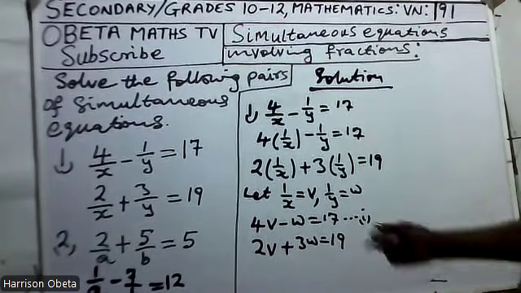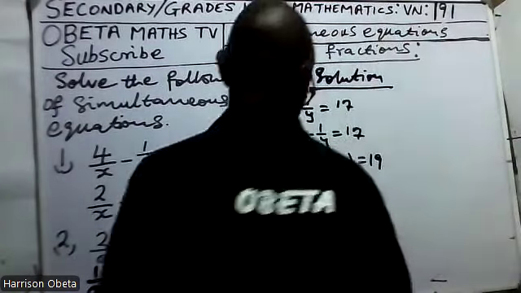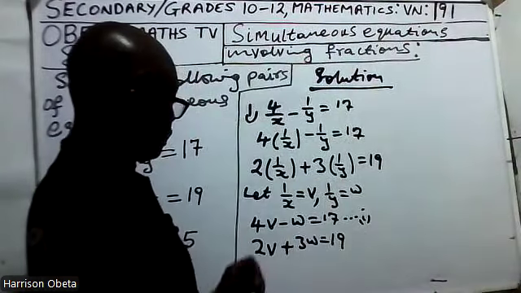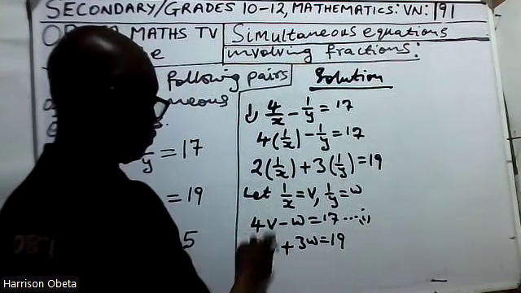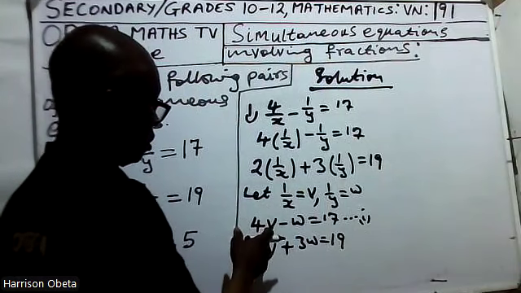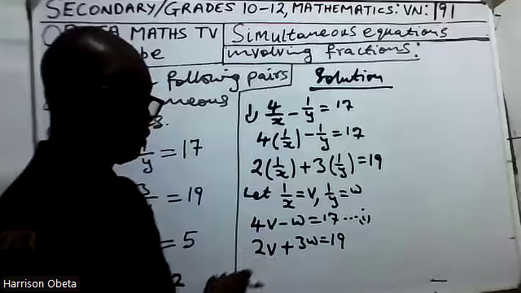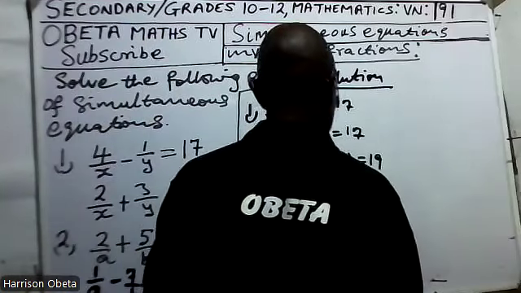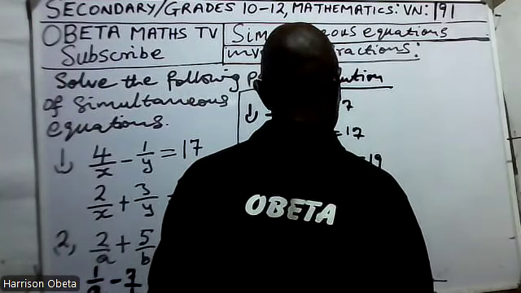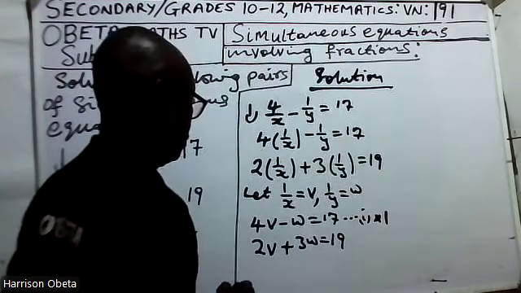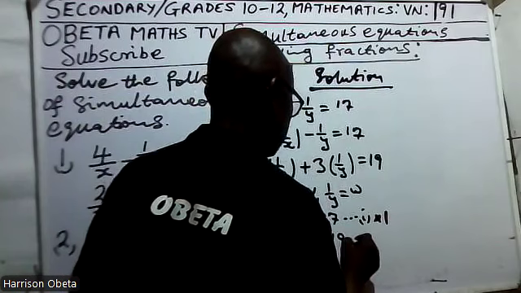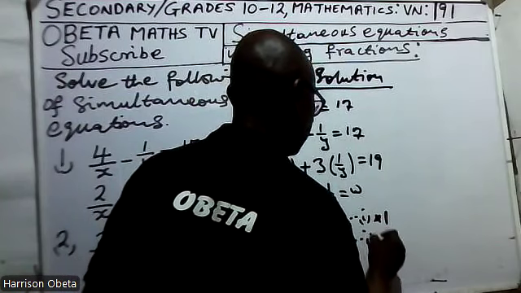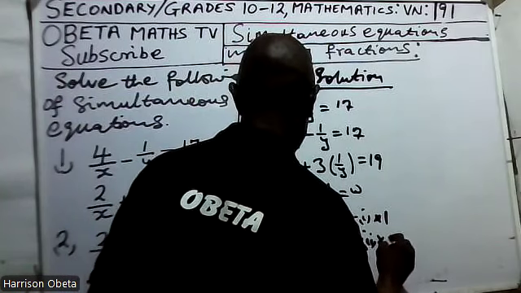We can now solve this. So for this one, let us make v to be the same by multiplying equation 1 by 1, and multiplying equation 2 by 2.